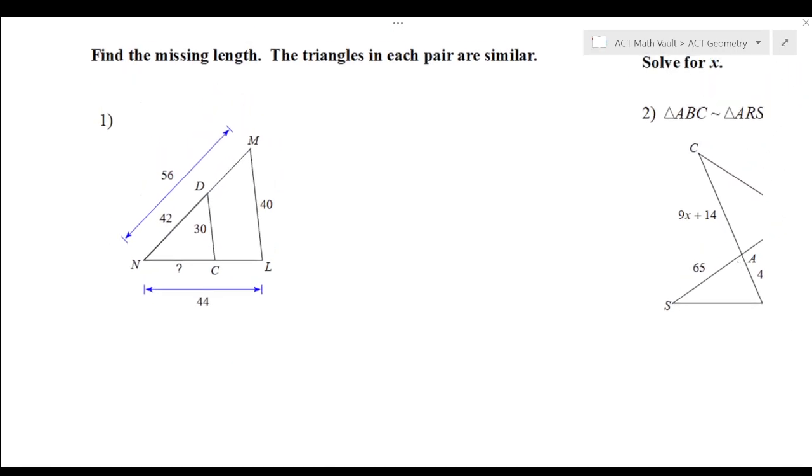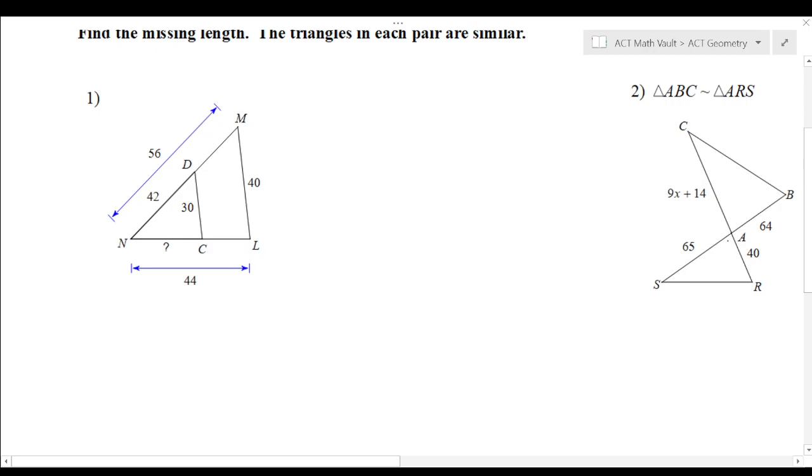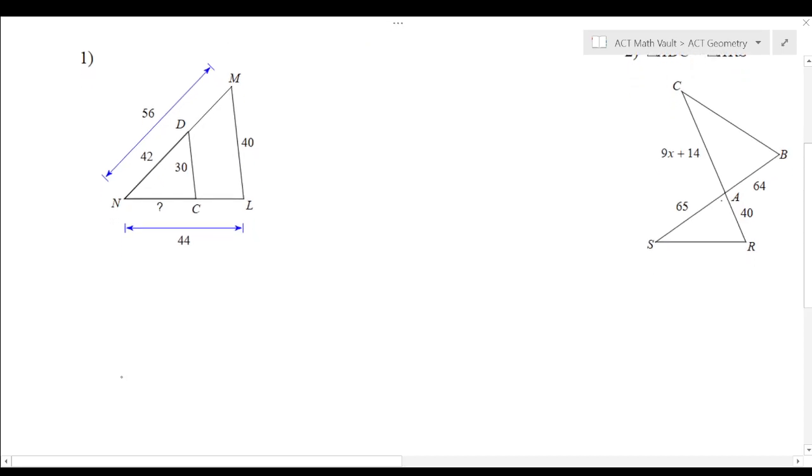When a lot of students see this type of diagram, sometimes it's hard for them to tell that this is actually two triangles in one diagram. So what I recommend for making sure you really get similarity straight is drawing out two triangles, one that's smaller, one that's larger. It does not have to look nice.